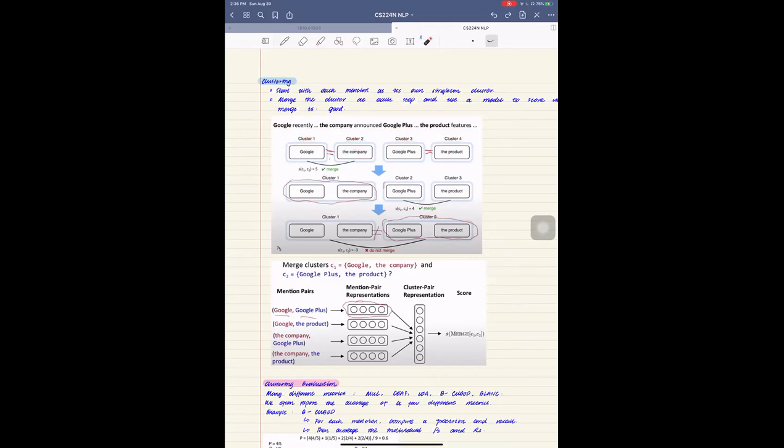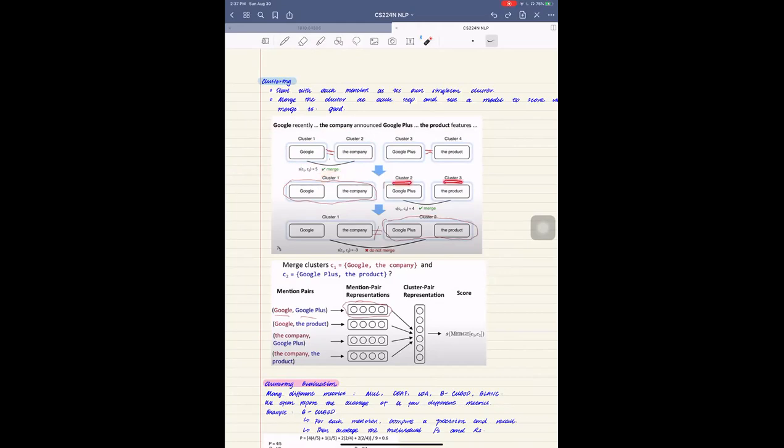Okay? So next, we're going to consider a pair. For example, we can consider cluster 1 and cluster 2. If we put them into a pair, what's the score going to look like? What's the span score going to look like? It's 5. Suppose the threshold is 3. 5 is greater than 3, then yeah, let's merge this. This is a good cluster to merge. So in the next step, those two have been merged into cluster 1.